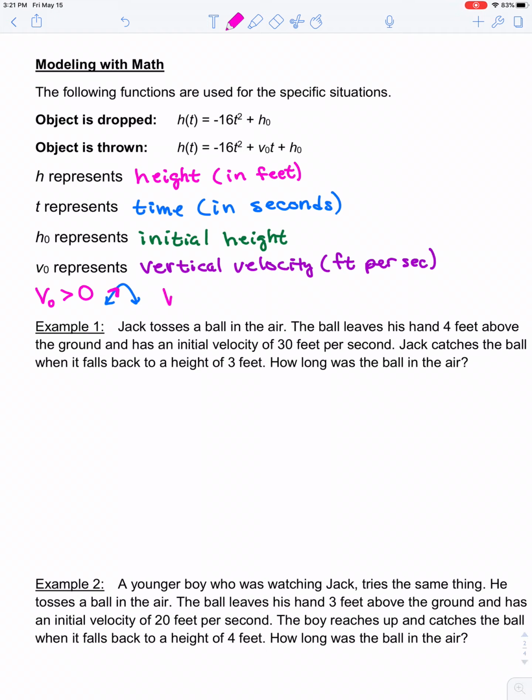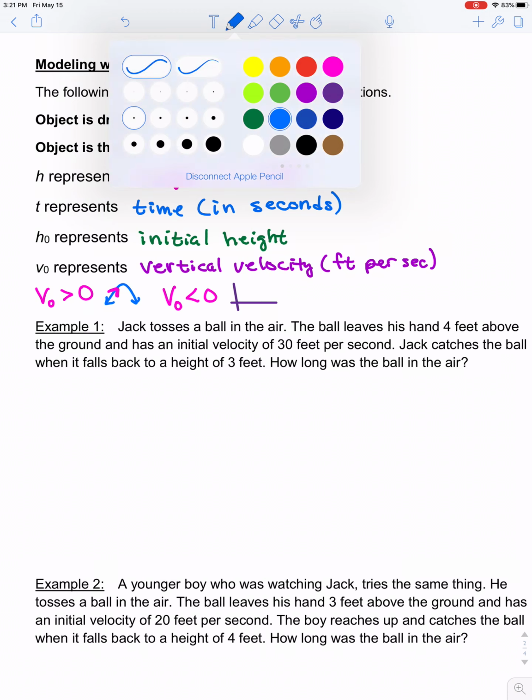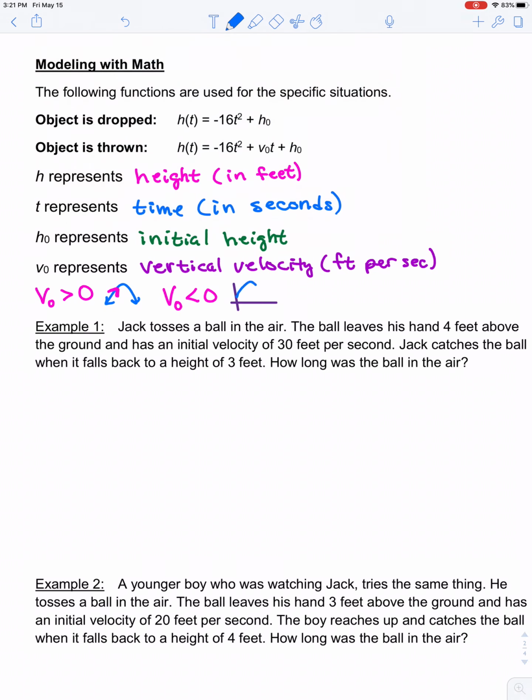If v sub 0 is less than 0, that would look like this. And for example, again, if something goes up and then comes down, what if you are spiking a ball in volleyball?